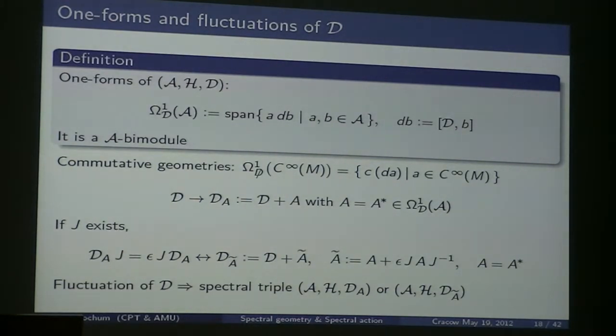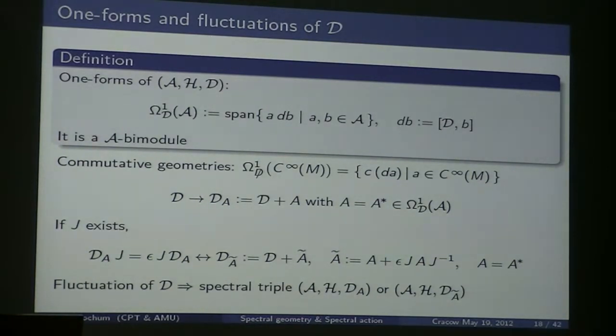And here there is a little subtlety, because when J exists, it does not always exist, when it exists, since you want some commutation relation between D and D sub A, where you add to D this correction, which is a 1 form, then you have to replace A by A tilde, which is a symmetrization with respect to J. Well, it's a bit technical, but it's important precisely in this situation.